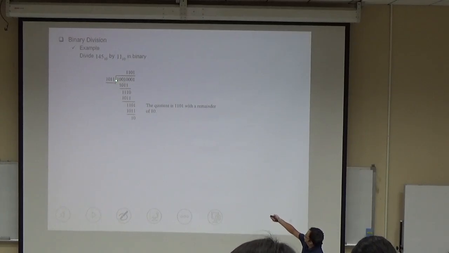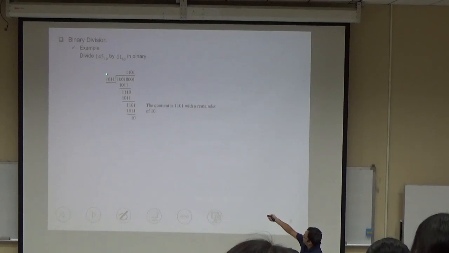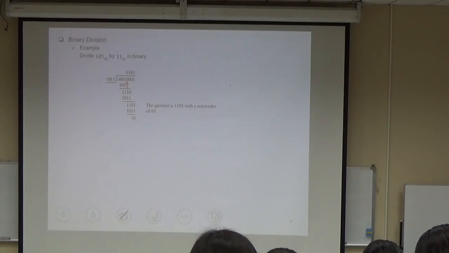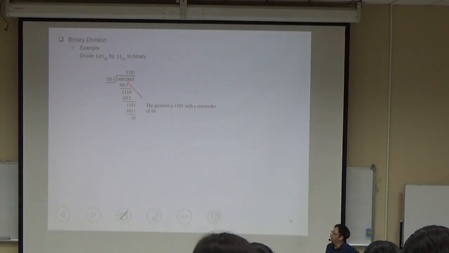So in this case, we check that 1001 cannot be divided by 1, 0, 1, 1. So we start from this digit. So we have to start from here to do the division.